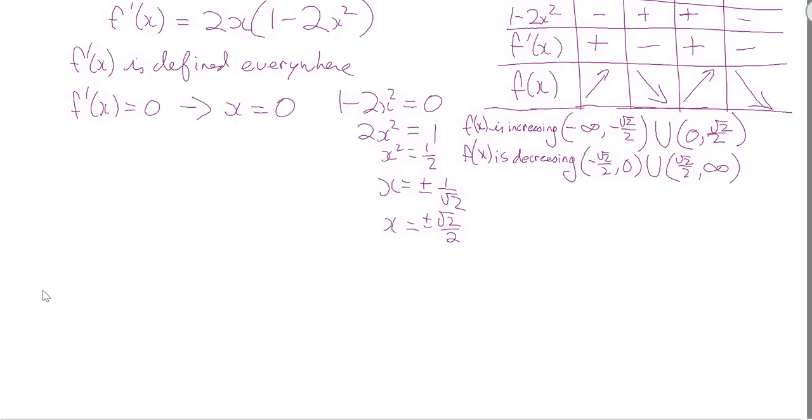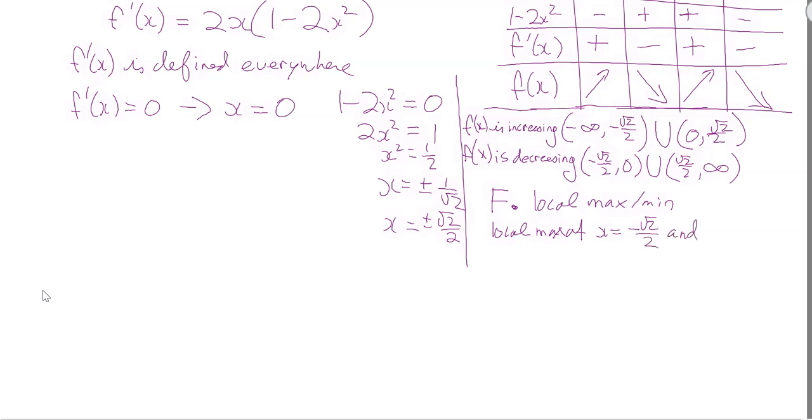All right, so let's go right underneath here. F local max and min. Okay, so we know there's a local max at negative root 2 over 2.